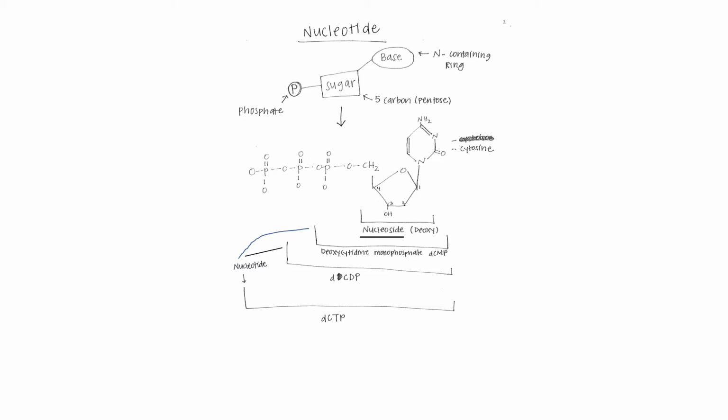It's a ring structure, and there are 5 carbons, and they're numbered, which becomes important. So the number 1 carbon has the base attached to it. Number 2 down below. Number 3 you see an OH. Number 4 carbon in that corner there, and the 5th carbon is off the ring. And you can see that's CH2.